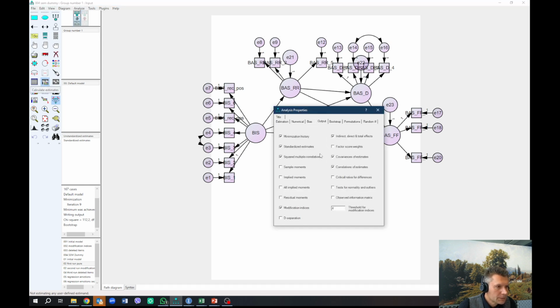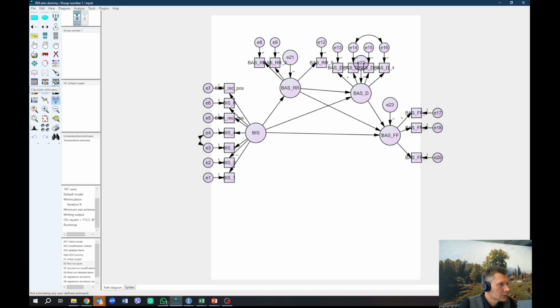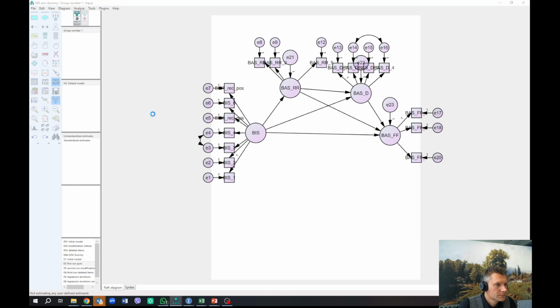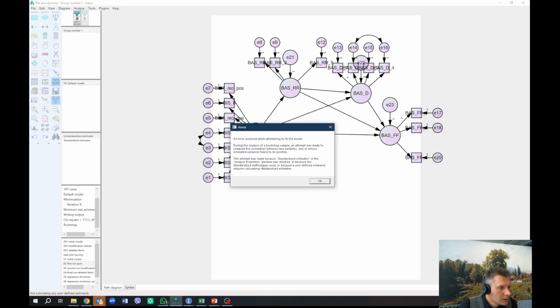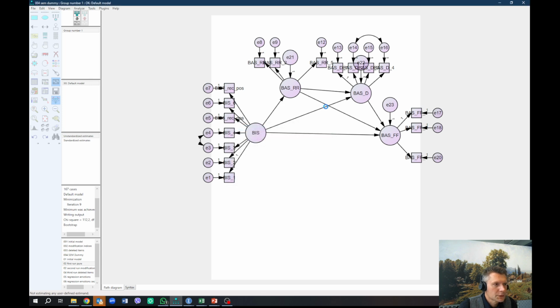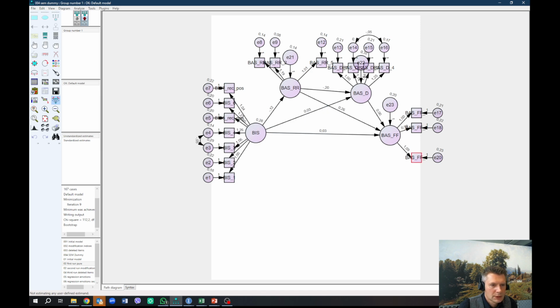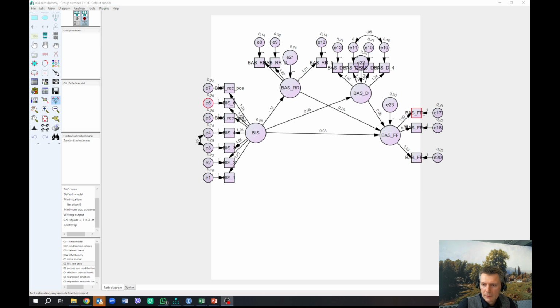Output, standardized estimates. Let's get rid of this box and run it again. There is no bootstrap sample template. Okay, just a second, I try to find out what the problem was and continue.